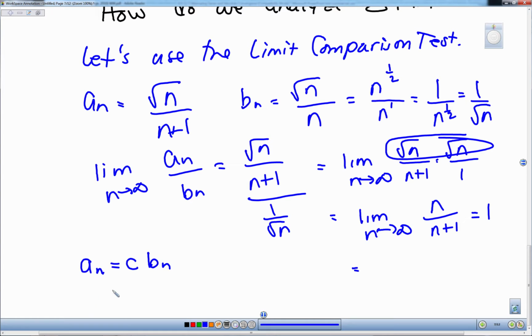What do we know about the series 1 over the square root of n? That's right, it's a p series with p less than 1. It must diverge. Since this series diverges, our original a sub n must also diverge.